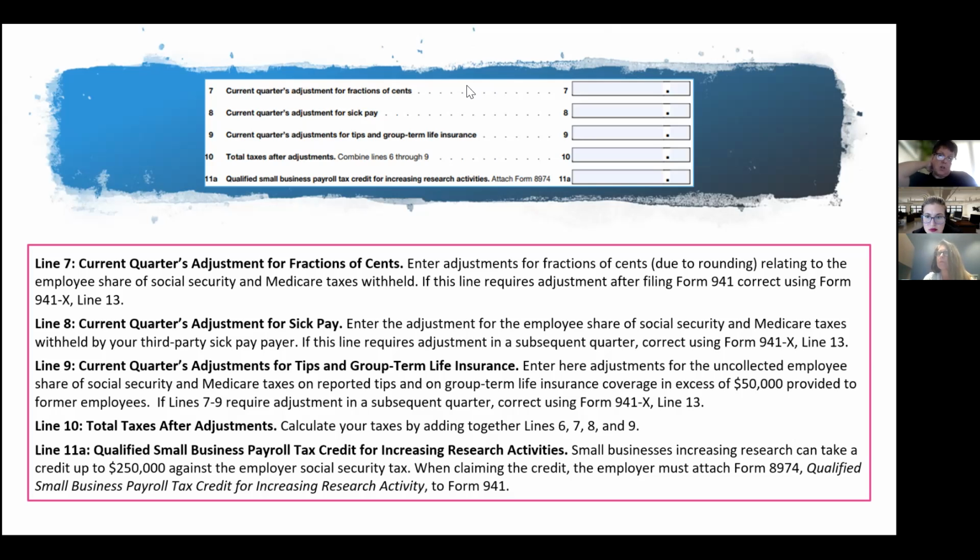Line 11, there's a qualified business tax for research for small businesses that they can take up to $250,000. It has to go through a form 8974, and it has to be approved first before you can take it. It's pretty straightforward. You fill out that form, you get the approval, and then you can take the tax credit for it, up to $250,000.